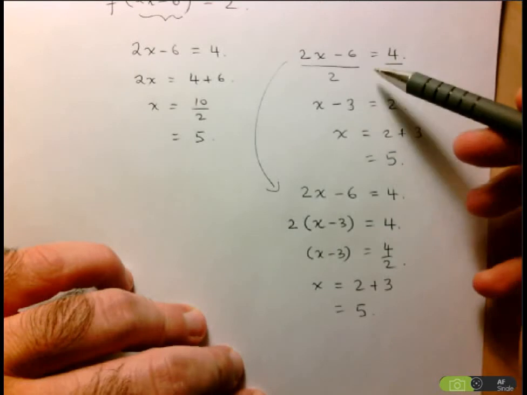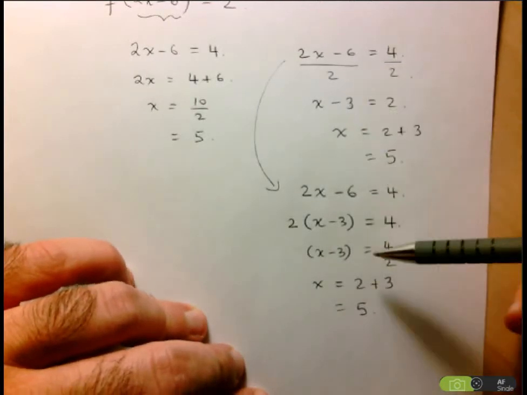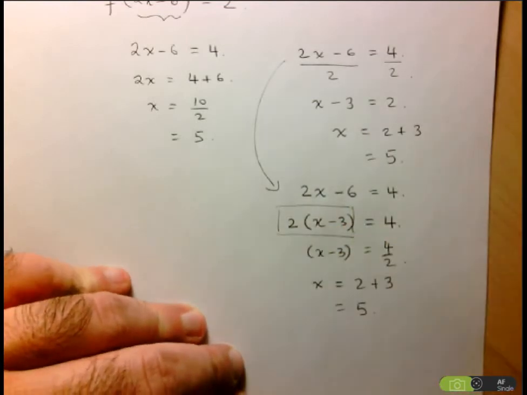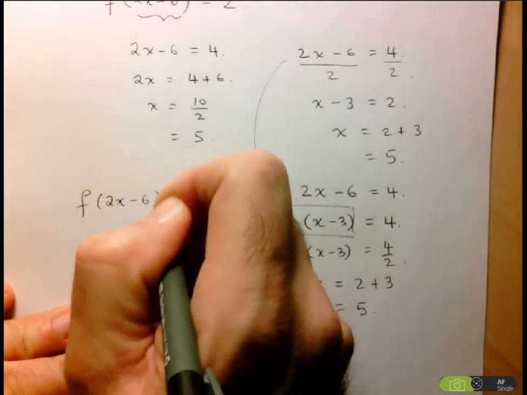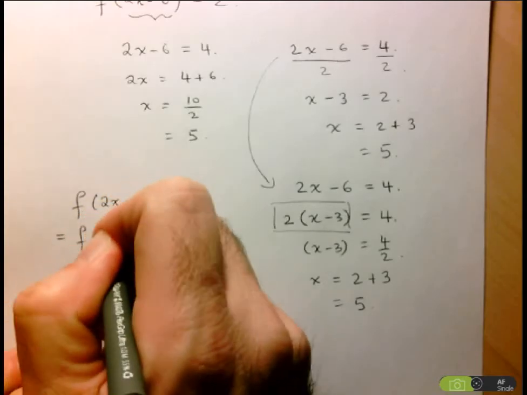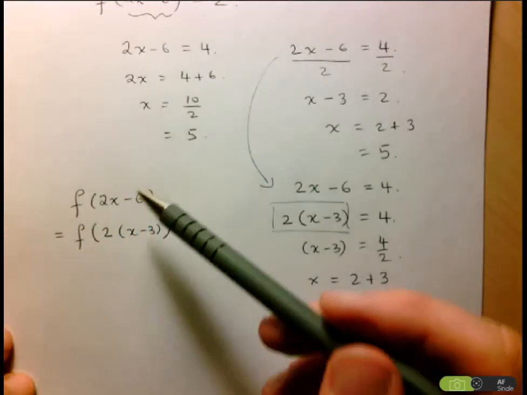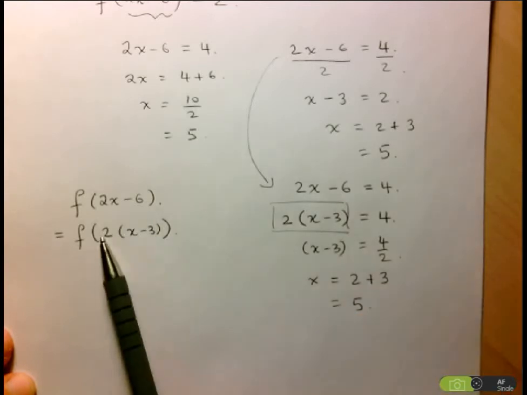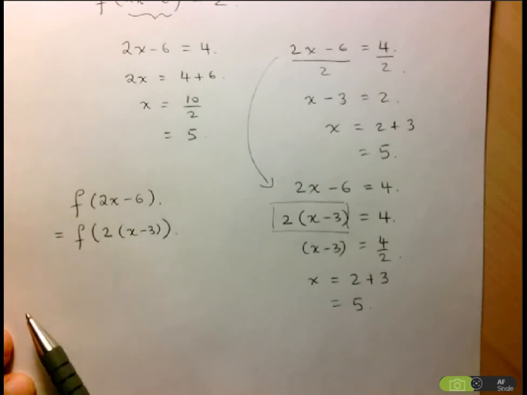Okay, now in the end, these two ways of solving are equivalent. But what's nice about first factoring the expression, so instead of writing f of 2x minus 6, I write it in an equivalent form, f of 2 times x minus 3, what's nice about considering this format is that I can read off the correct transformations on the function f.